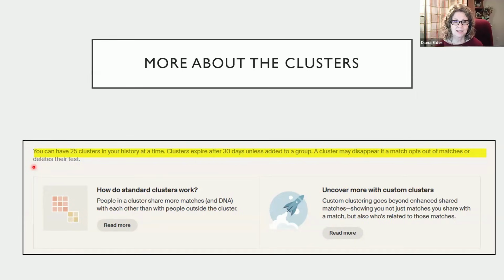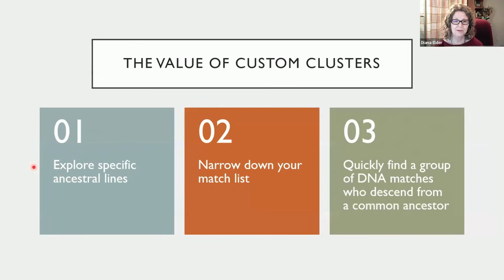So why do we want to do a custom cluster? Well, I was doing some thinking about this, and the thoughts that I had are these. First of all, it gives us a chance to really hone in on ancestral lines. When we are working in Research Like a Pro, we're working to a very specific objective, and we are working on a very specific part of our match list.